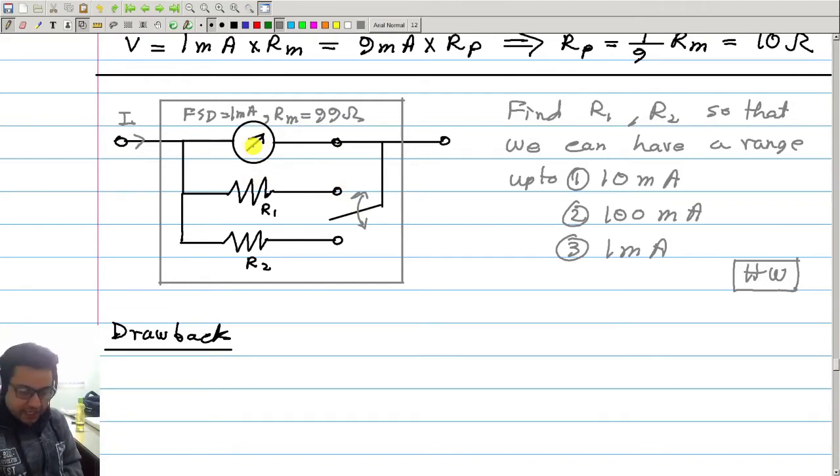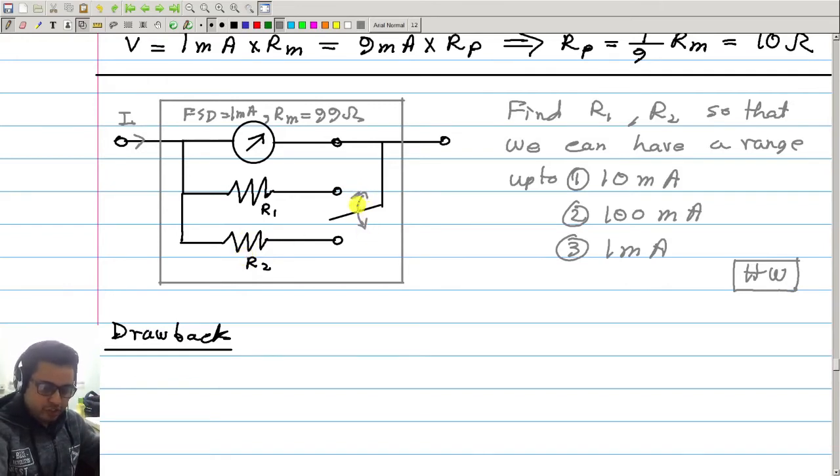Suppose you were measuring with the 10 milliampere range or 100 milliampere range, and then you decided no, my current is of much smaller value and I want to change the range.